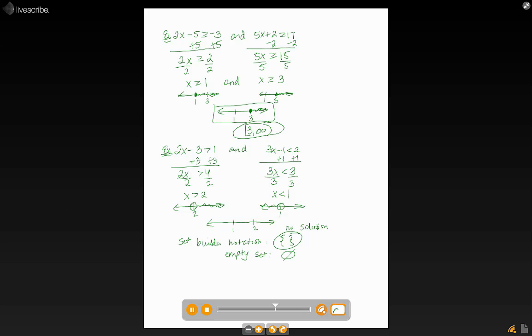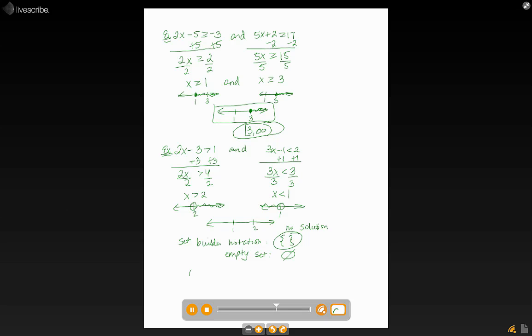Okay. So that was all intersection and conjunction, right? Conjunction meaning the word and. Okay. I want to show you something kind of funny.